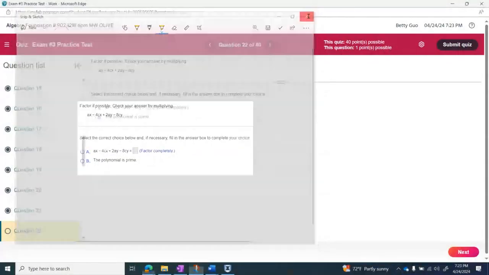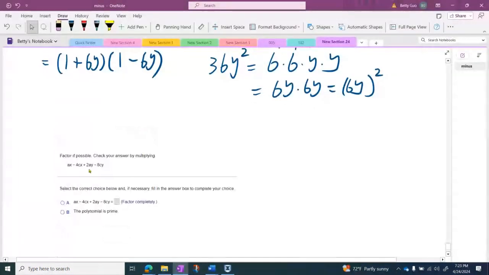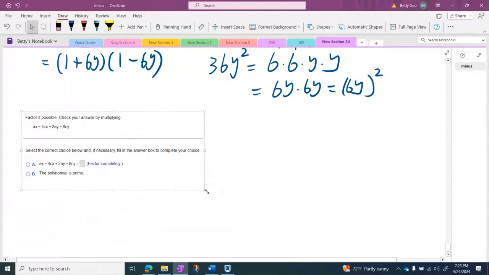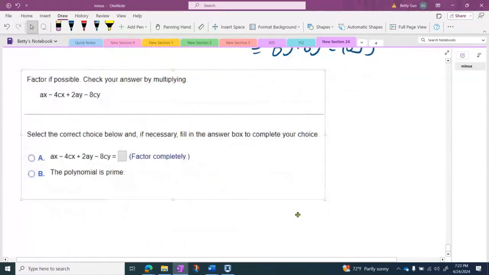This is a multiple choice question. Factor if possible. Check your answer by multiplying. This polynomial has 4 terms. This time let me observe to see if the grouping method works.